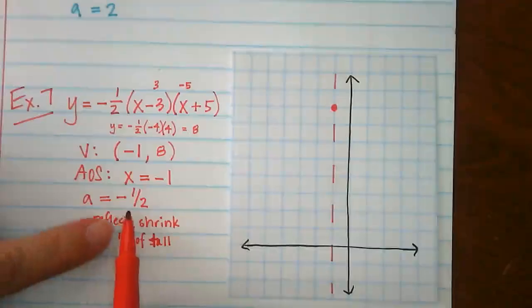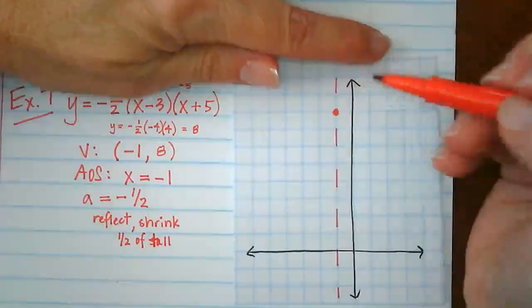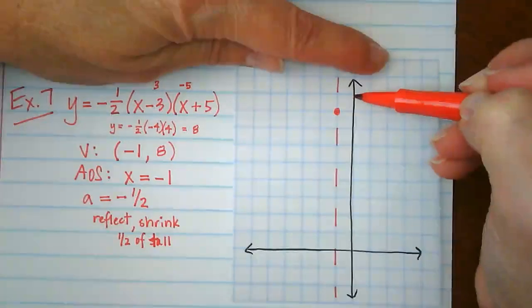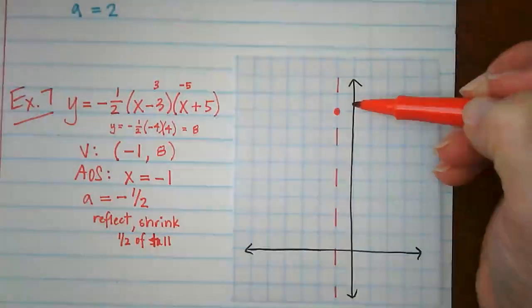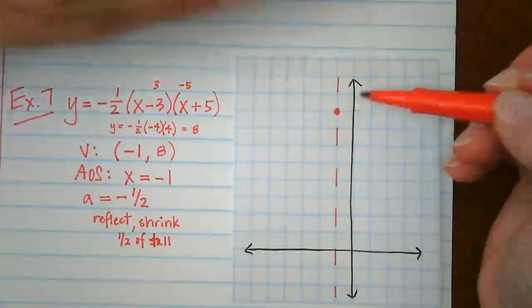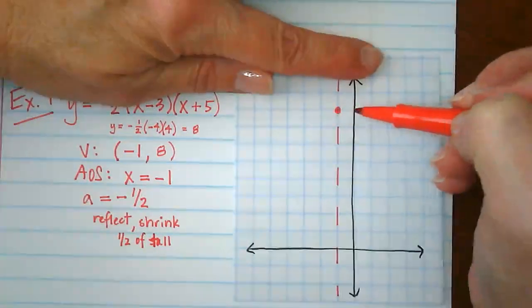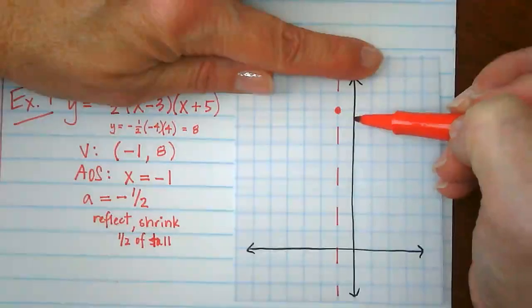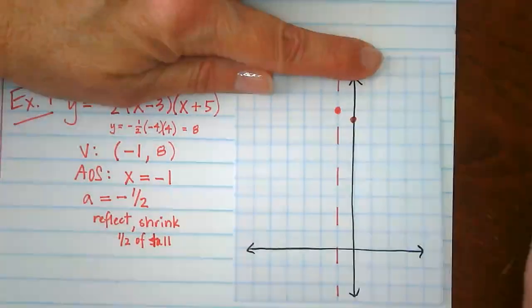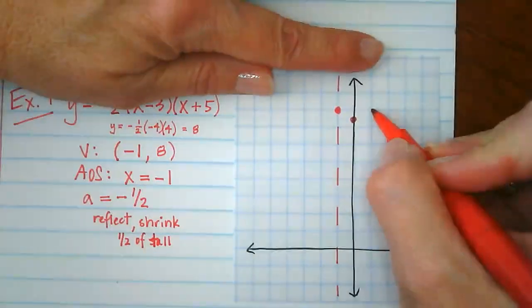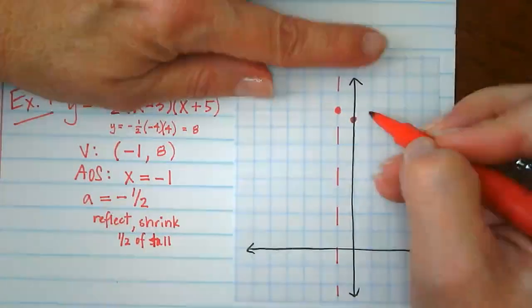So my a value is -1/2. So if this was a normal parabola, I would go over 1, up 1. But it's not normal. It's half the size and it's reflected. So instead of going over 1 and up 1, I'm going to go over 1 and down 1/2. All right, a normal parabola would go over 2 and up 4, but this one's not normal.